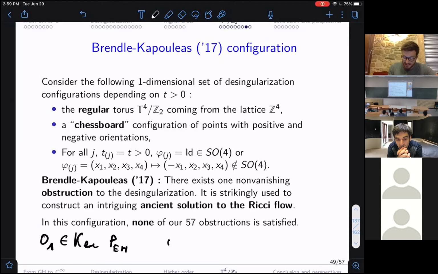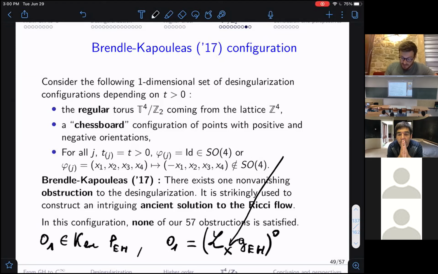And O1 is equal to this traceless part of the Lie derivative of your Eguchi-Hansen metric, and that's exactly how you want to write your obstruction. And here X is close to r ∂_r at infinity.